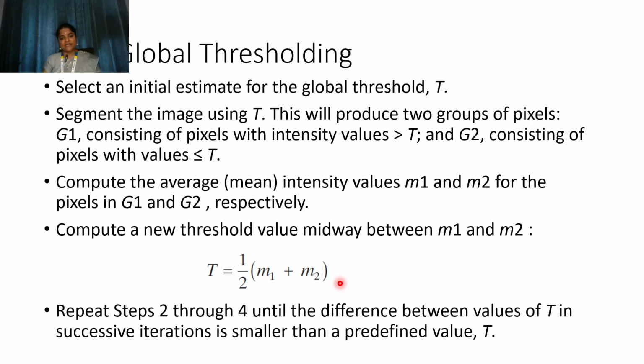So essentially, if my threshold is calculated from this equation, what does it mean? My threshold is going to be exactly at the midpoint of both the intensity ranges. Thus, theoretically speaking, I will be able to obtain the optimum threshold by this basic global thresholding algorithm.